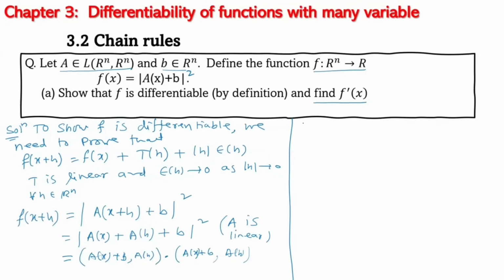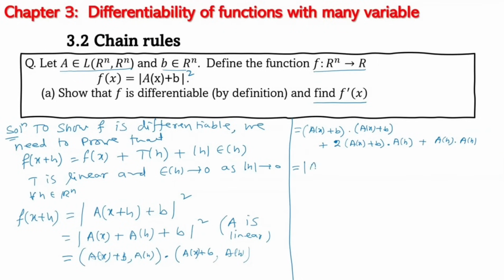So we expand this dot product and rewrite it as ax plus b dot ax plus b, plus 2 times ax plus b dot ah, plus ah dot ah.